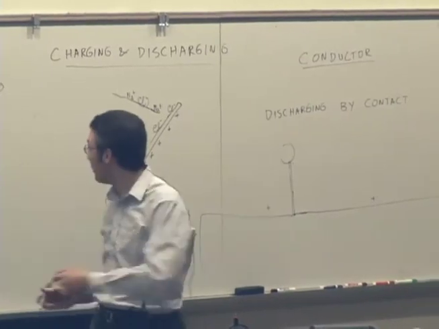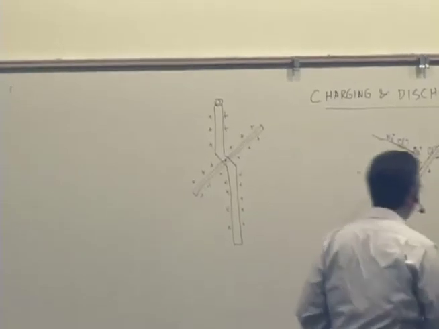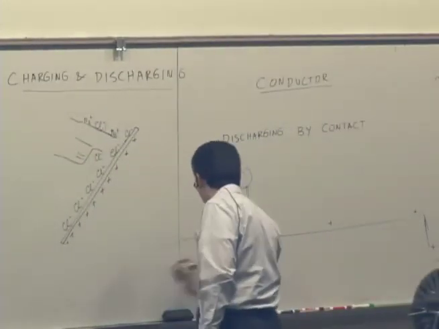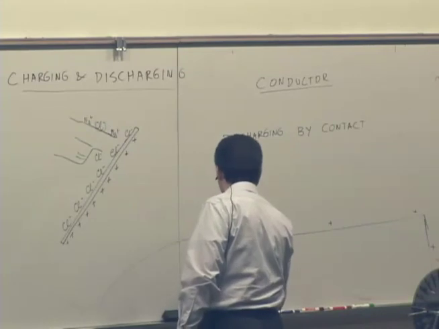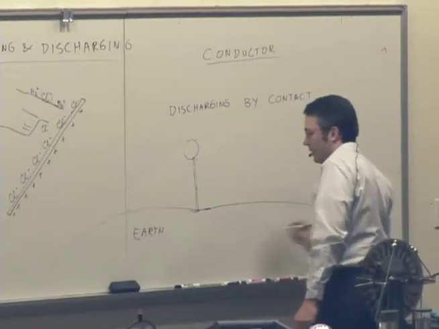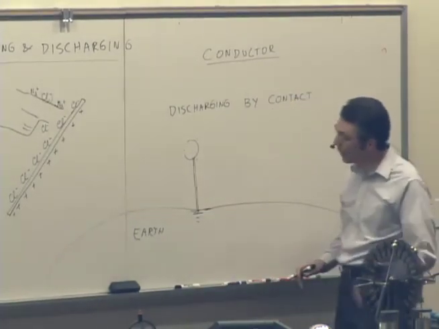What's that called? That's called grounding, yeah. So if you have a wire that's connected straight to the earth, and here's the entire earth, and sometimes you see a symbol that looks kind of like that to indicate that there's a ground there.